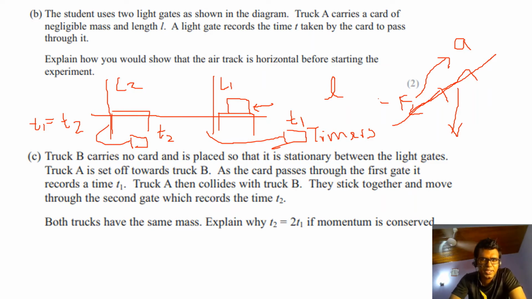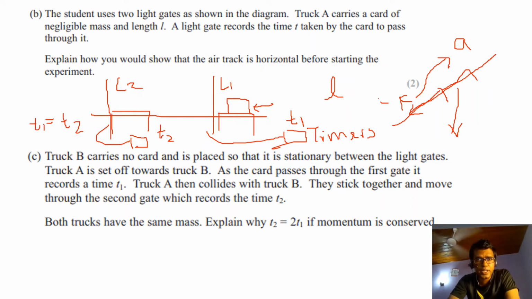Truck B carries no cart and it's placed so that it's stationary between the light gates. So there is another cart, which is cart B, that's stationary. When cart A passes the first light gate, it records the time T1.